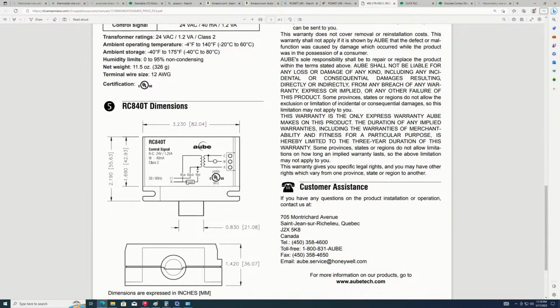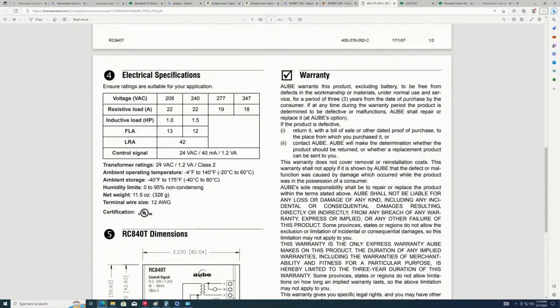Okay. You have to have some way to induce that coil. Yeah, that's what I mean, I'm going to hook it up to the PLC. What's the voltage required? What's the amperage required for that coil? 40 milliamp.